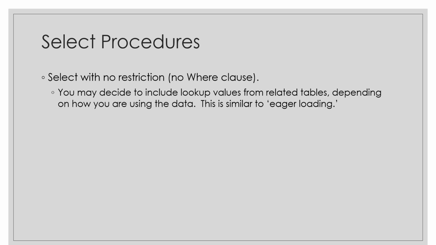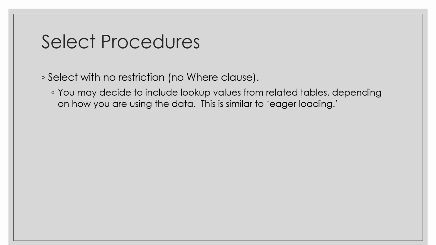Now that's stored in a separate table, so more often than not, our select procedures are based on a view, right? And that view will have our inner joins so that we can include all the relevant information to show on the screen. So it probably should include the actual foreign key value from the main table, but from the lookup table or the related table, we'll just pull the actual descriptive name.